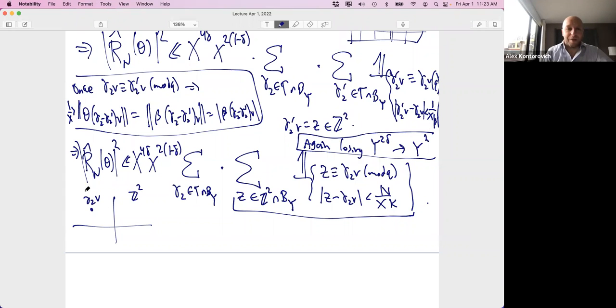How many elements are within a ball of radius n over xk and congruent to, so I can't take all of them. I can only take the ones that are congruent mod q. Congruent to this thing mod q. So I have to skip by q's to get to the next lattice point. So how many are there here?